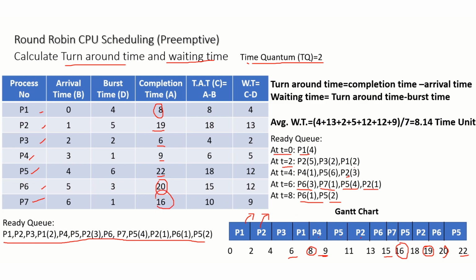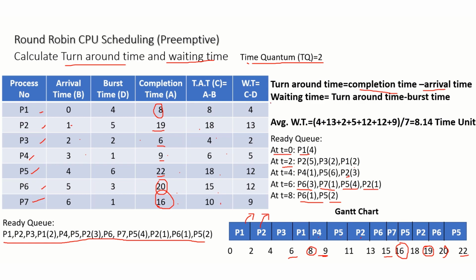Okay, so you have the completion times now. Now you know turnaround time is completion time minus arrival time. So you'll get 8 minus 0 is 8, 19 minus 1 is 18, then 6 minus 2 is 4, 9 minus 3 is 6, 22 minus 4 is 18, 20 minus 5 is 15, 16 minus 6 is 10.